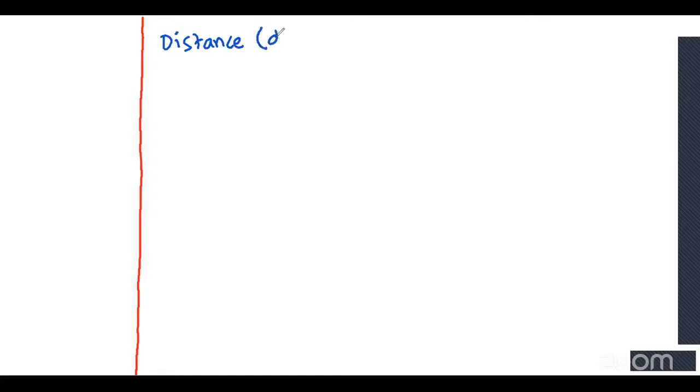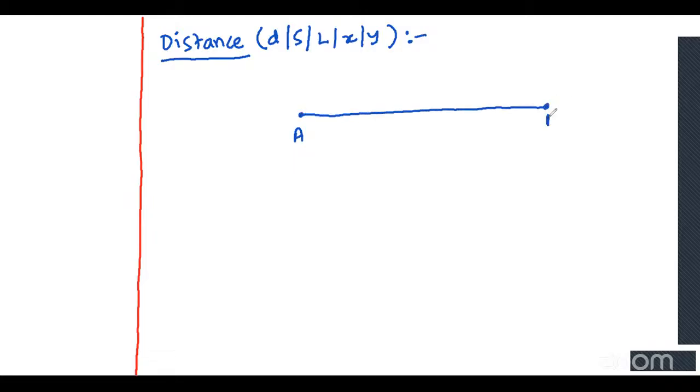This distance will be indicated with D, S, L, X or Y. Next, suppose let us consider this is point A and this is B. Suppose A is Hyderabad and B is Bangalore.